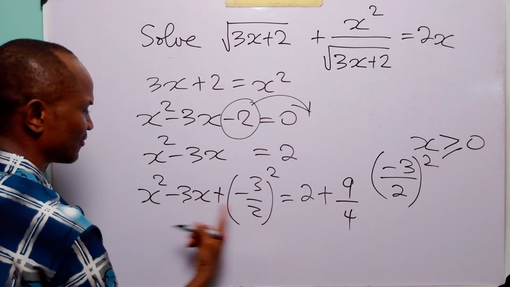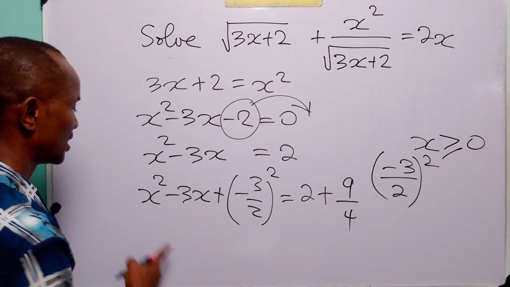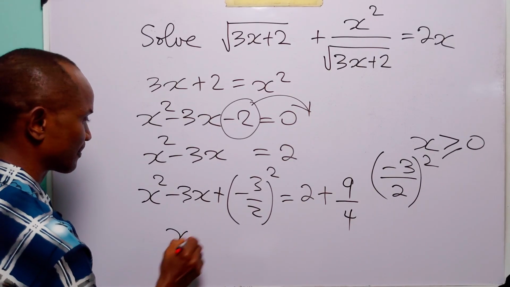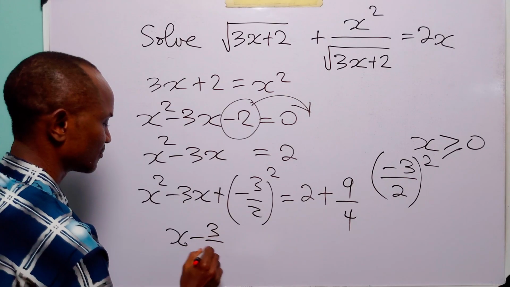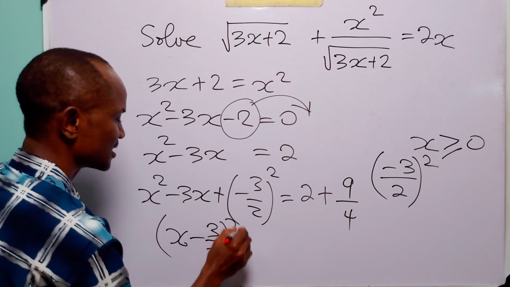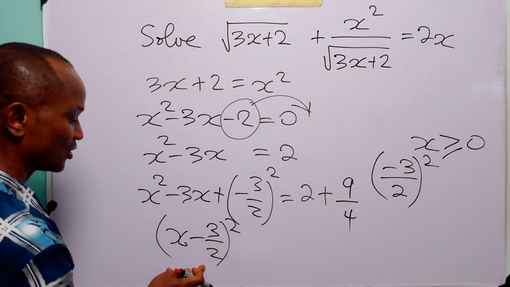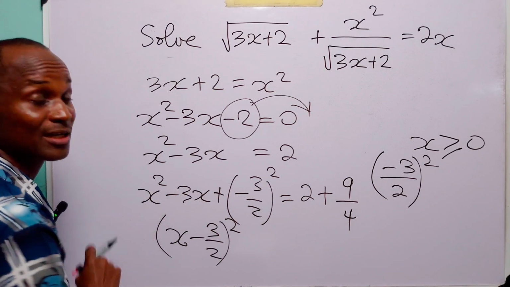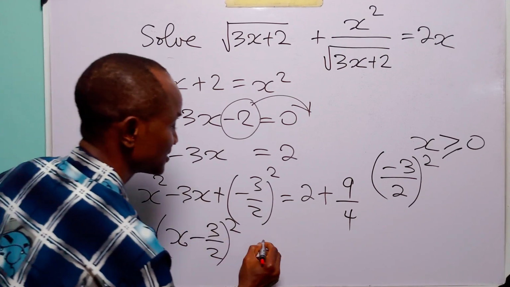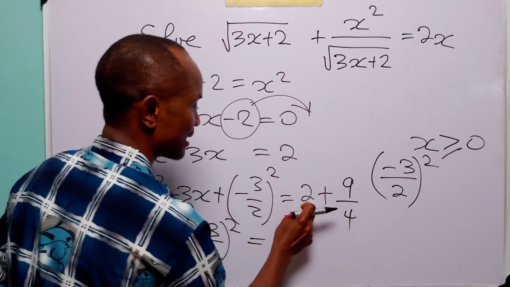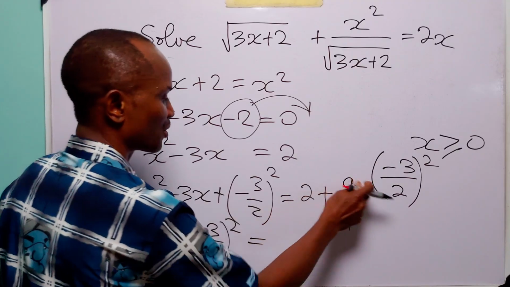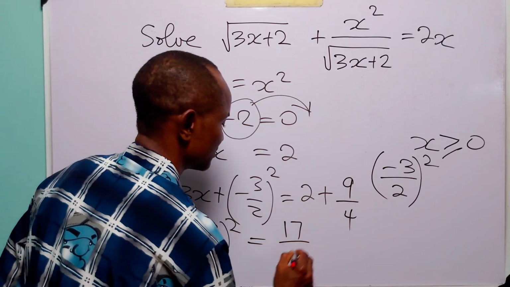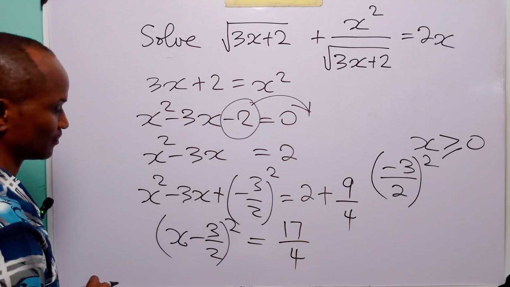Now, on the left-hand side of this equation, we have a perfect square. So we take one of this and we square. Of course, you know that when you open this bracket, this is exactly what you're going to get. And this is equal to 4 times 2 is 8, 8 plus 9 is 17 over 4.